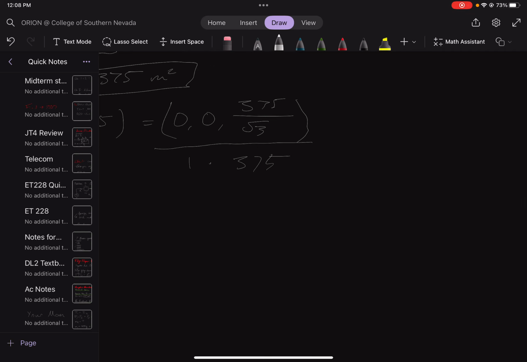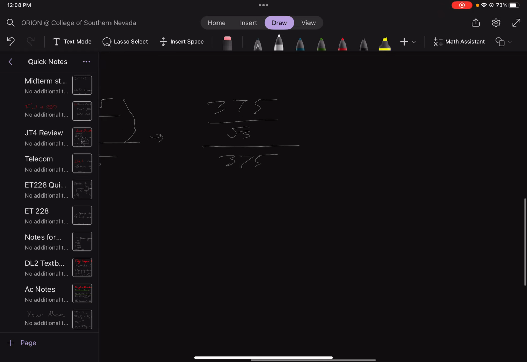So then what happens here? Well, the zeros just become zeros, so we kind of ignore those. And then it's just 375. So all that happens now is we literally have 375 over the root of 3 over 375. And so those two 375s cancel each other out, and we're left with cosine.